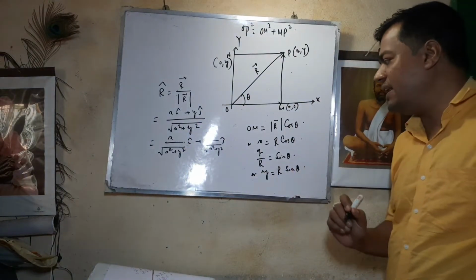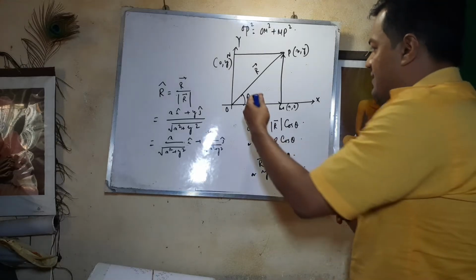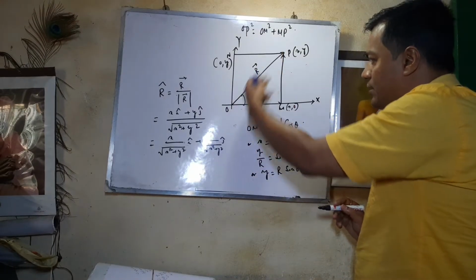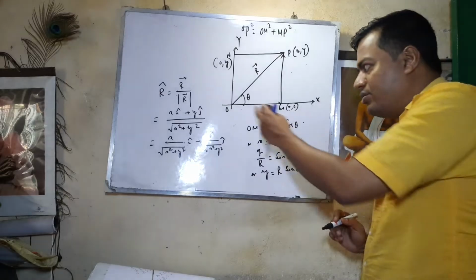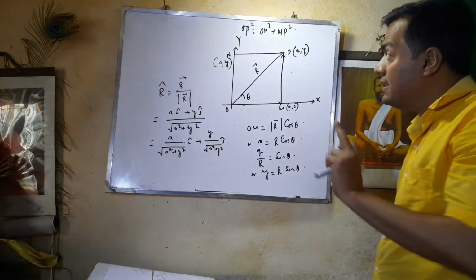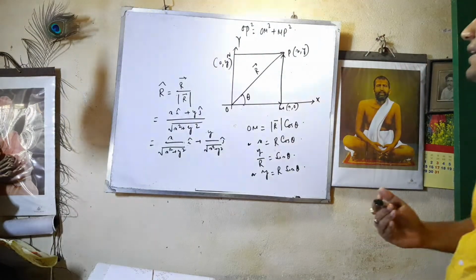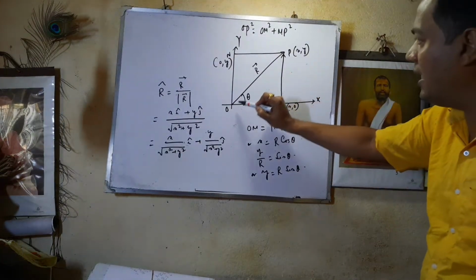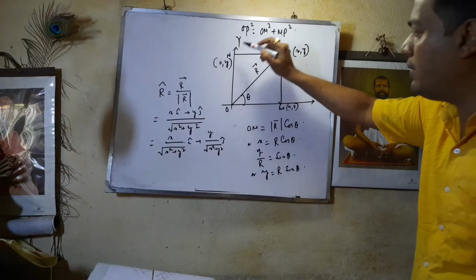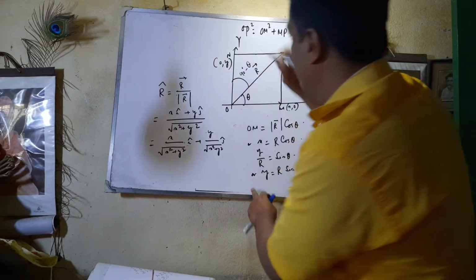Also, there is a very much similarity between these two components. We can all observe that the angle made by the vector with x-axis was theta. So the component of the vector along positive x-axis was r cos theta. Now similarly, if we continue our explanation, the angle made by the vector with positive y-axis is 90 minus theta.